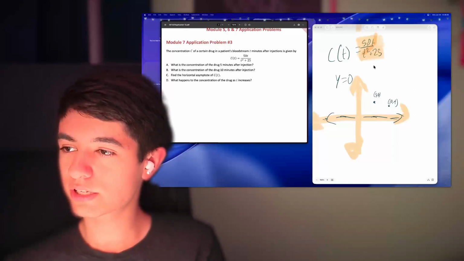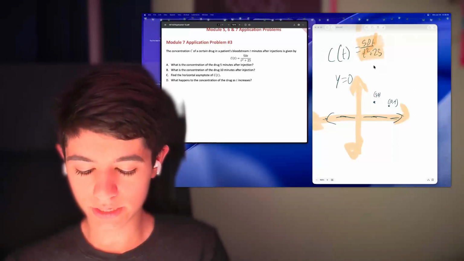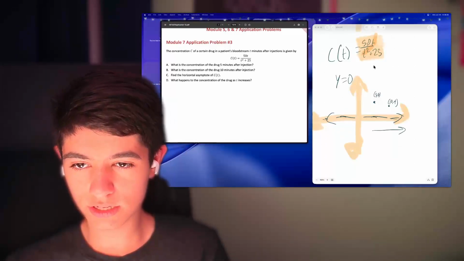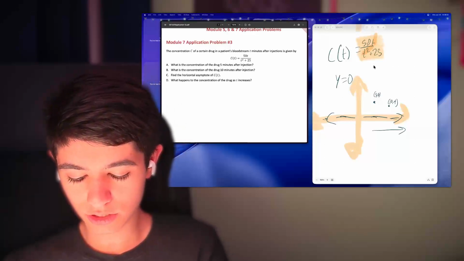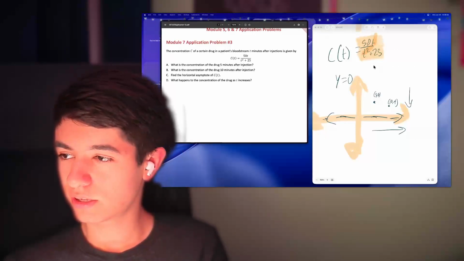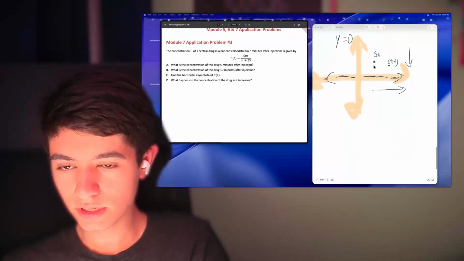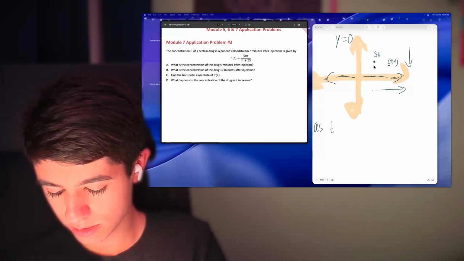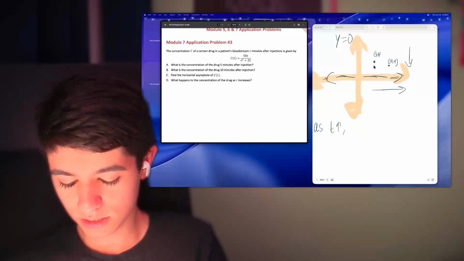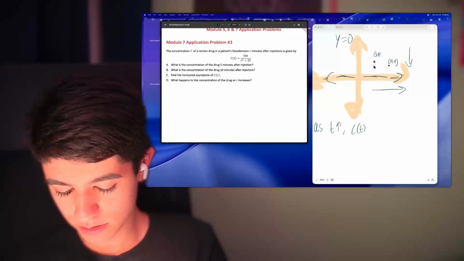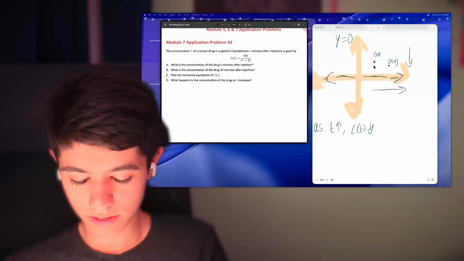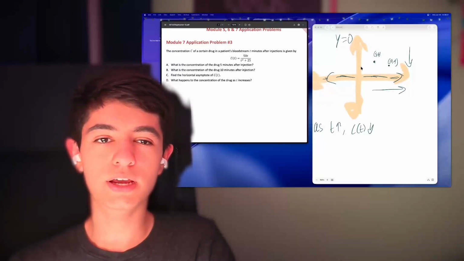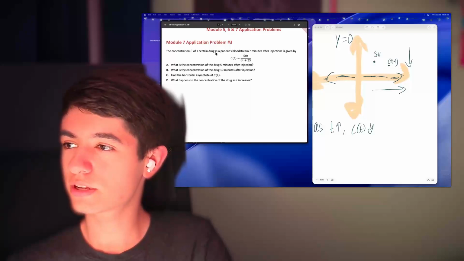So we can see that over time, as t increases, the concentration of the drug goes downwards. As t increases, C of t decreases. So that is Module 7, application problem number 3 solved.